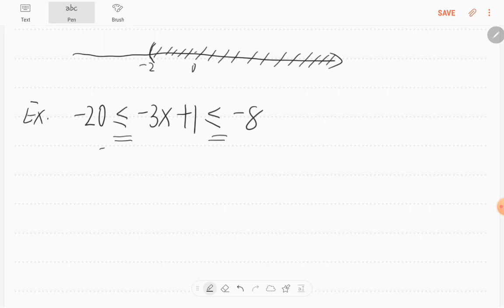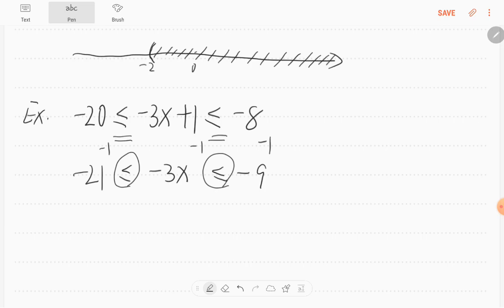We subtract 1 from each side, so we get negative 21 less than or equal to negative 3x less than or equal to negative 9. It will not change the direction of the inequalities because we just subtract a number.